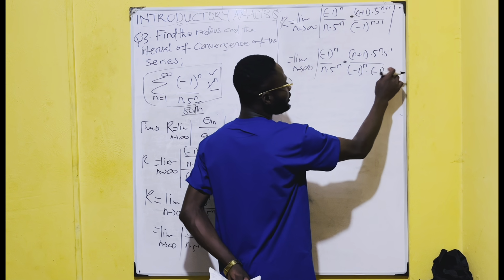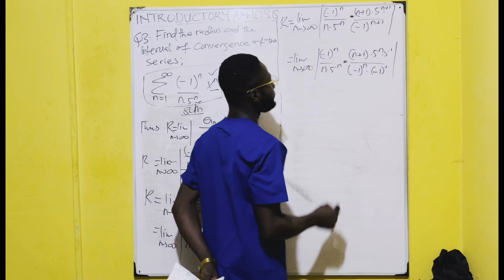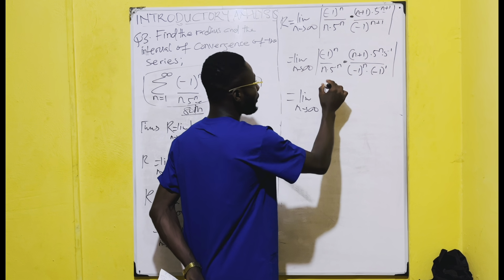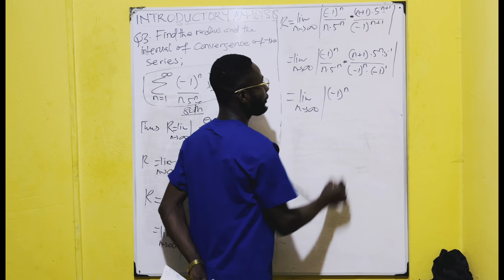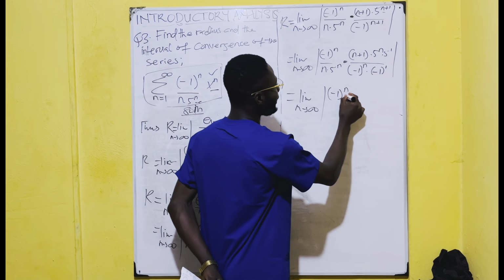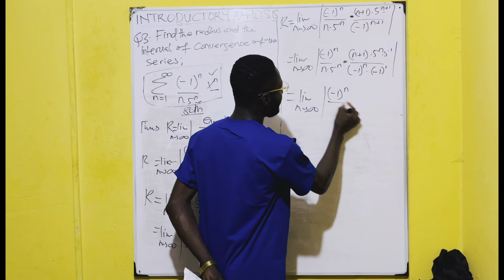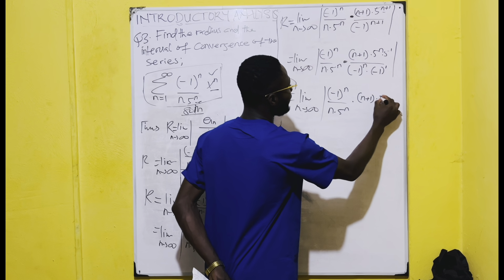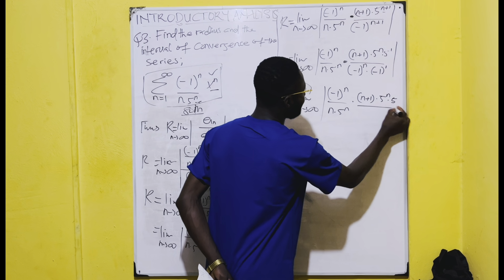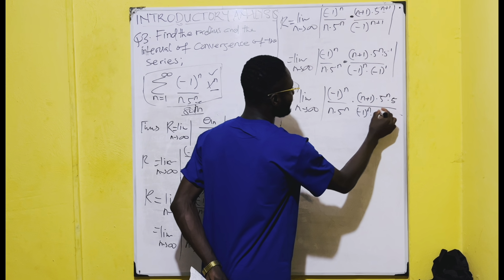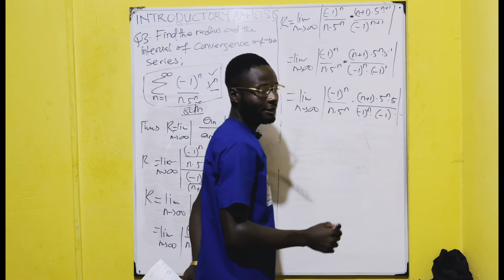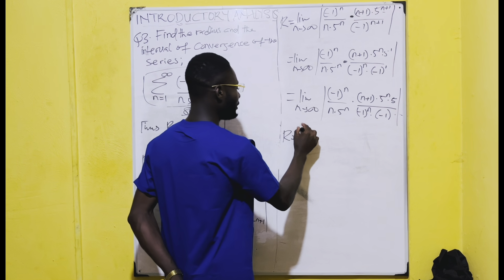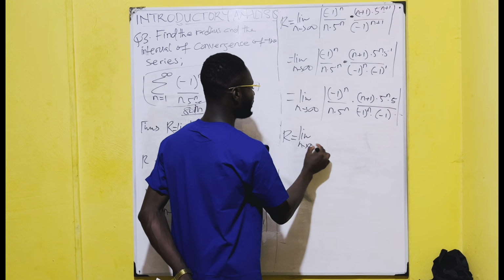The same indices we used at the denominator as well. So we have the limit as n approaches infinity of (negative 1)^n times (n+1) times 5^n times 5, divided by (negative 1)^n times negative 1.